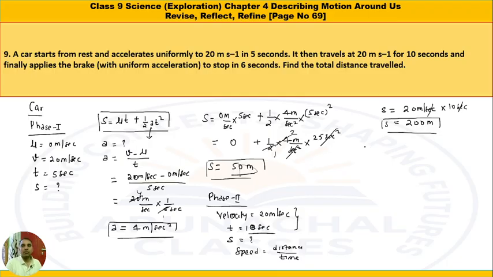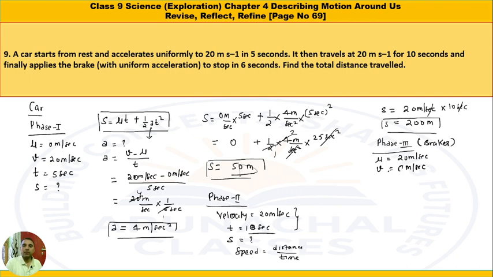Now they are saying that finally the brakes are applied to stop in 6 seconds. So for phase 3, you can see the initial velocity will be 20 meter per second and your final velocity will be 0 meter per second, because in phase 3 brakes are applied.